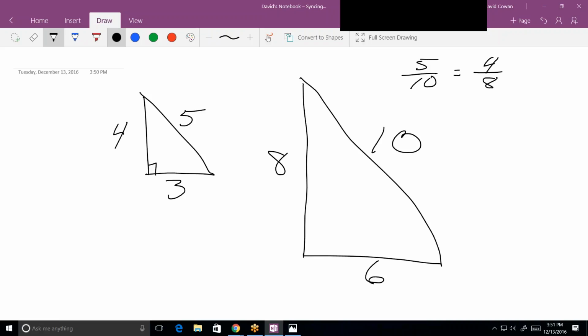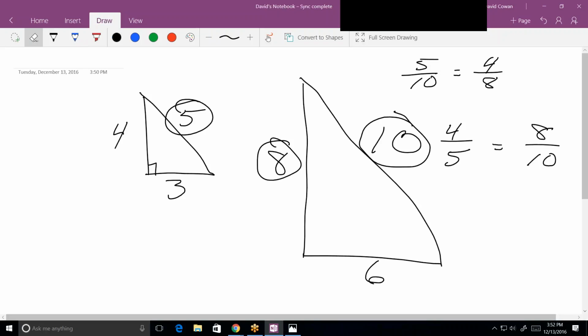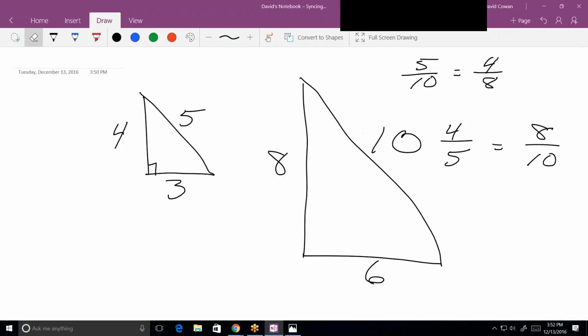But I can also say 4 is to 5 as 8 is to 10. In other words, this side relative to the side in the same triangle is the same ratio as that corresponding side is to its corresponding side. So there's all kinds of ratios that are true when you have similar triangles.